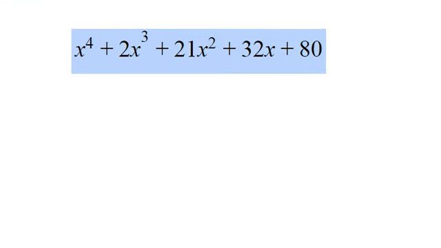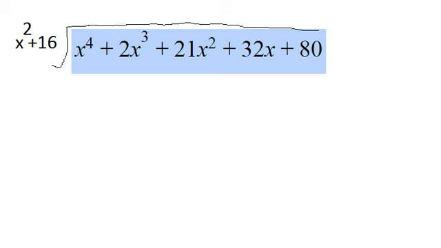And then I'm going to take x squared plus 16 and put it here. Okay. And we're going to divide. Okay. X to the fourth divided by x squared is x squared.